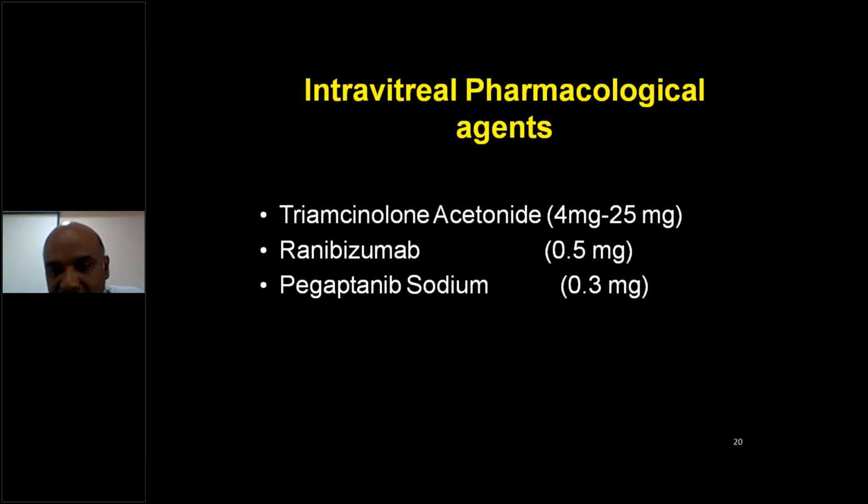The patient requires one injection every 1 to 1.5 months. So approximately 6 injections might be required, sometimes even up to 12. But every month injections are required. It's a very costly drug, around 10,000 per injection. So it's a recent alternative which has come out for age-related macular degeneration.